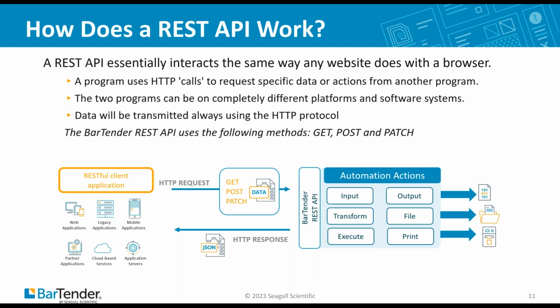So now you can design a system where your data source sends the data to BarTender in a standard HTML format. Our REST API will grab it and then go ahead and process it to generate new files, new labels, prints, whatever you need and in whatever combination you need. All of the flexibility of BarTender and its integration system is there at your command, and now you can do it in a nice, easy, standard format style.